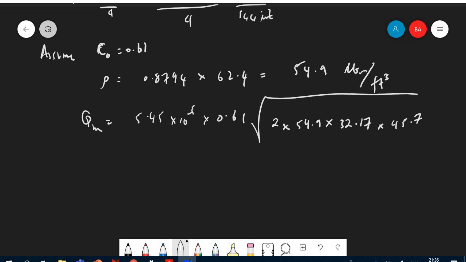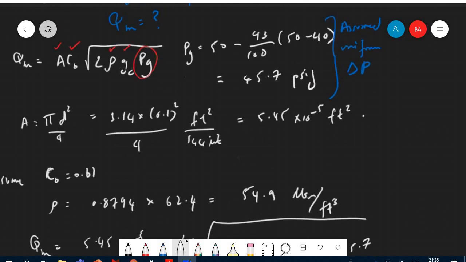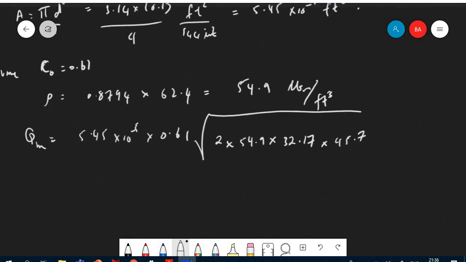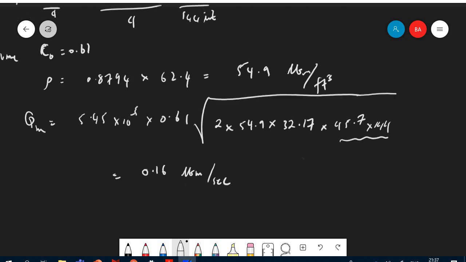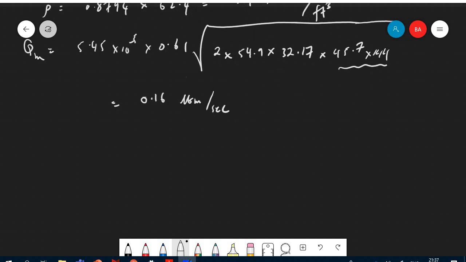Because 45.7 is psig, I should have done that before, but I didn't. So I'm going to multiply it by 144, just a unit conversion. The answer is going to be 0.16 pound mass per second. So that's the amount that's going to be leaked per second.